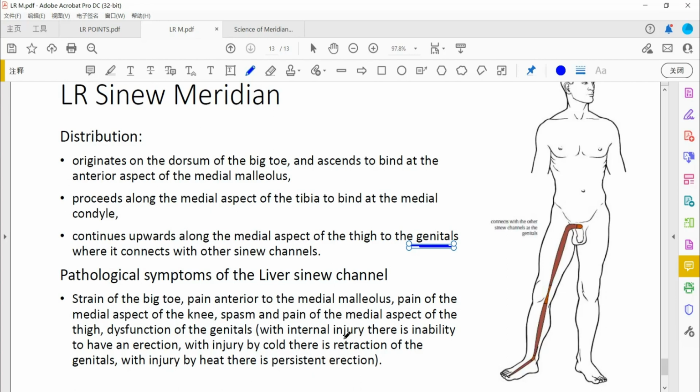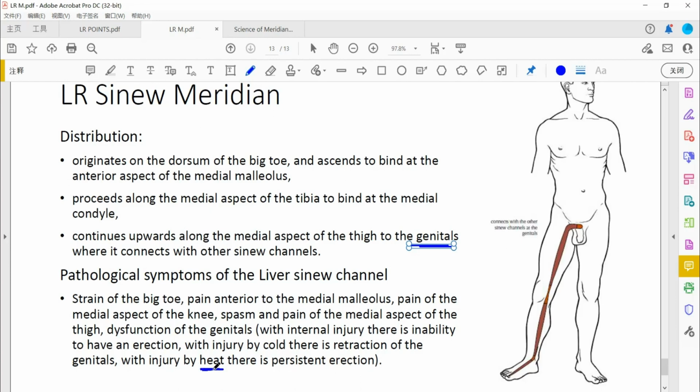With internal injury, there is inability to have an erection. With injury by cold, there is retraction of the genitals. With injury by heat, there is persistent erection.